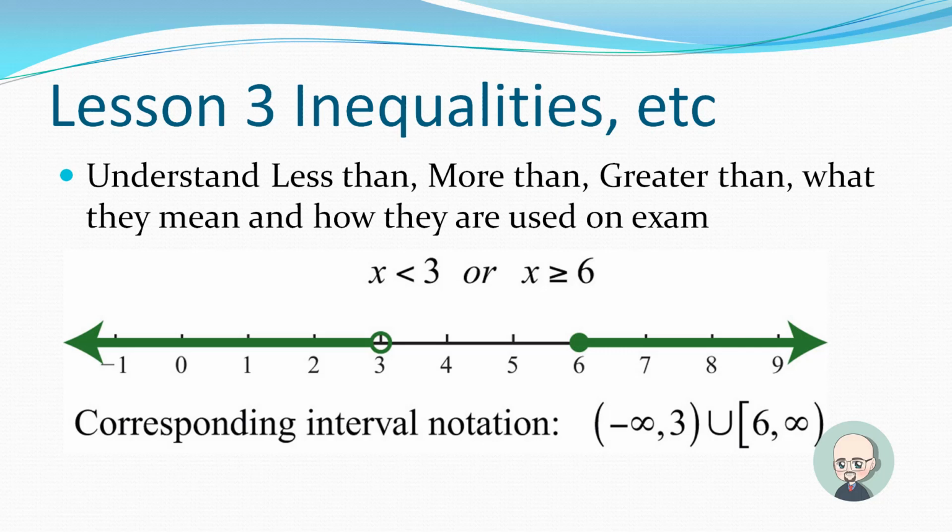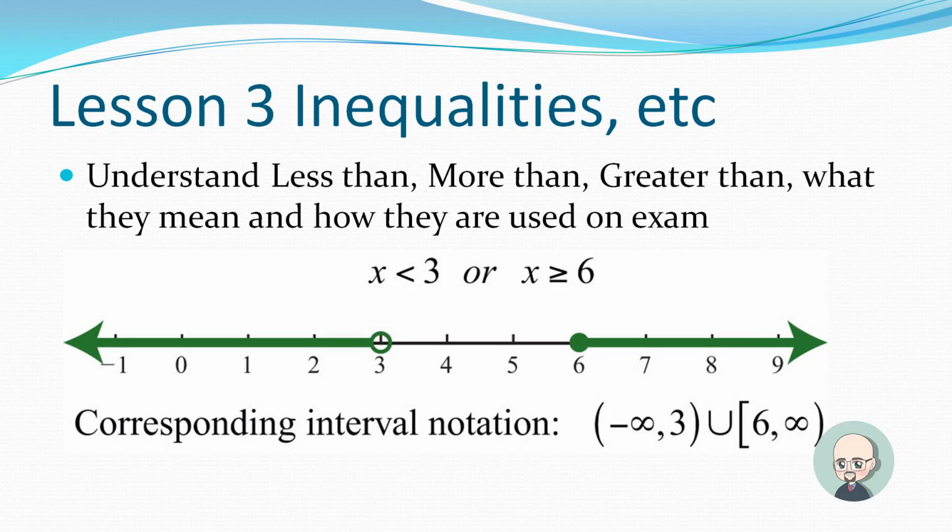That symbolizes the fact it starts at 3, but it doesn't include 3. So when we say x is less than 3, we mean it's less than that, but it does not include that number. If it said less than or equal to, which means it has the little line under it, it would have the dot filled in, and it would include 3.